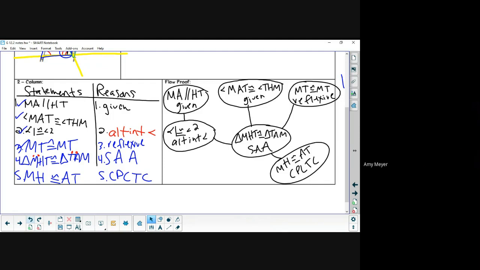Angle 1 is congruent to angle 2 because they're alternate interior angles.